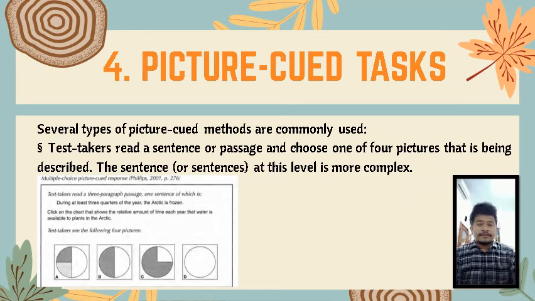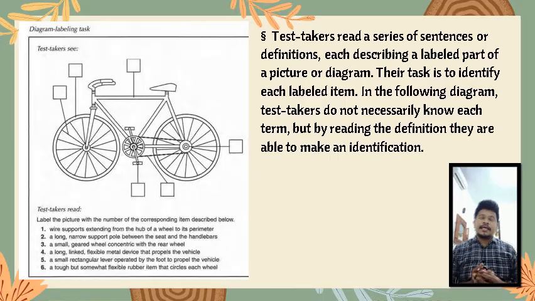And next, the fourth is the picture cue task. Several types of picture cue methods are commonly used. First, test takers read a sentence or passage and choose one of four pictures that is being described. The sentence or sentences at this level are more complex. And second, the test takers read a series of sentences or definitions, each describing a labeled part of a picture or diagram.